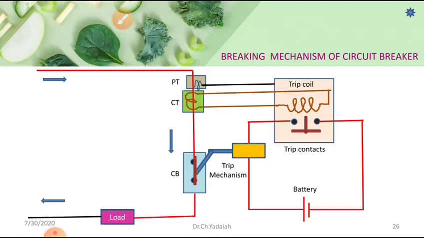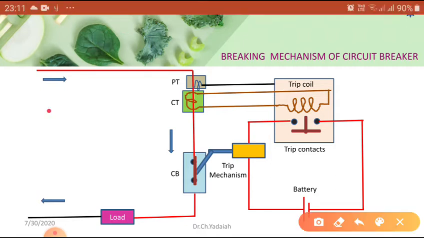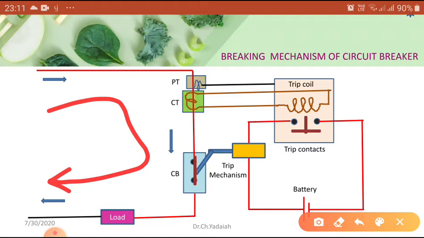Under normal conditions, the current comes in here and goes in this direction. During normal operation, the contacts of the oil circuit breaker are closed and carry the current without any effect. It goes smoothly through the load.